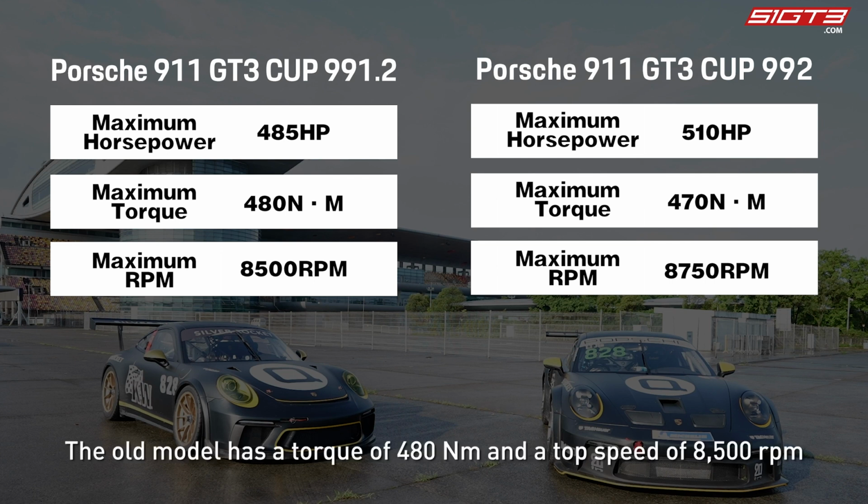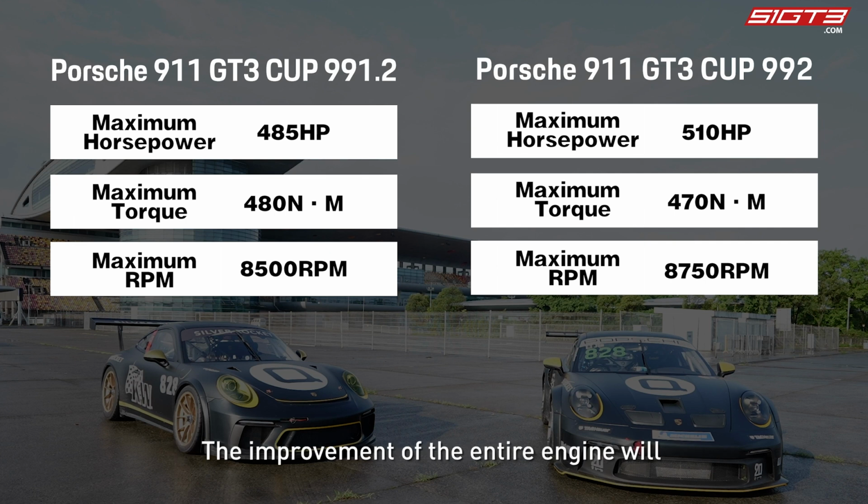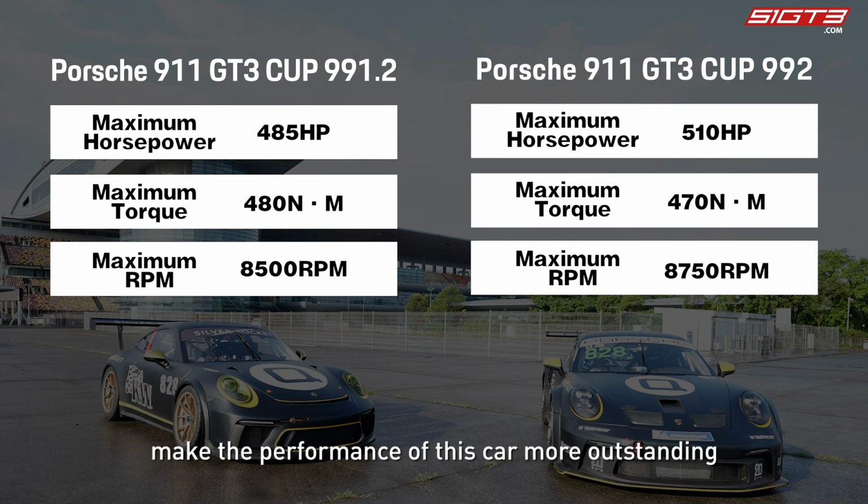The old model has a torque of 480 Nm and a top speed of 8,500 RPM. The maximum speed of the new generation model has been increased from 8,500 RPM to 8,750 RPM. The improvement of the entire engine will make the performance of this car more outstanding.